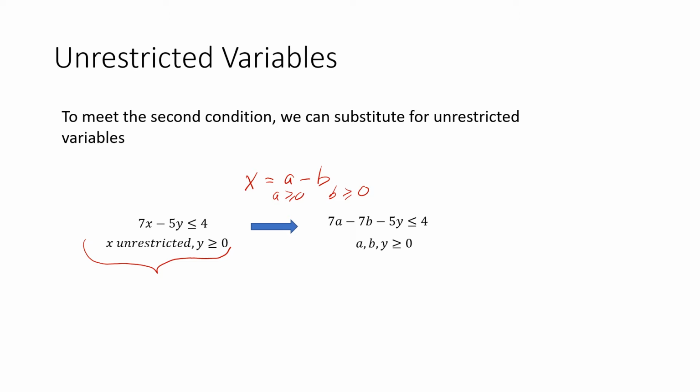So now all of our variables are non-negative, and then we would take the next step and say this becomes 7a minus 7b minus 5y plus s equals 4 with a, b, y, and s, our slack variable, all greater than or equal to 0.